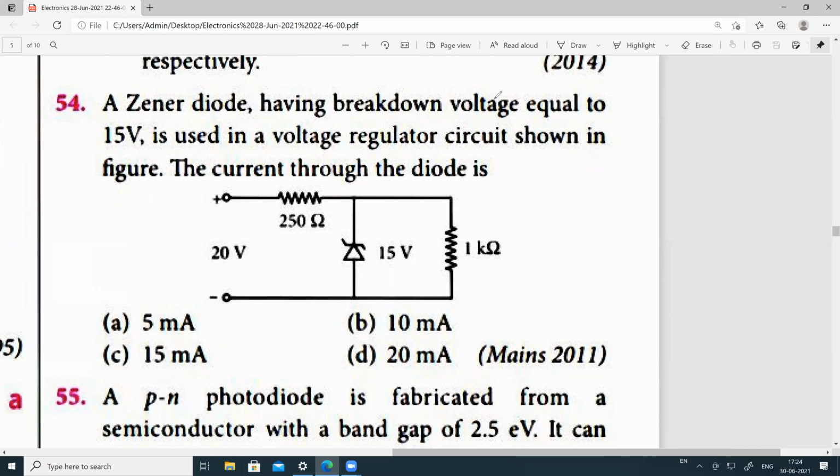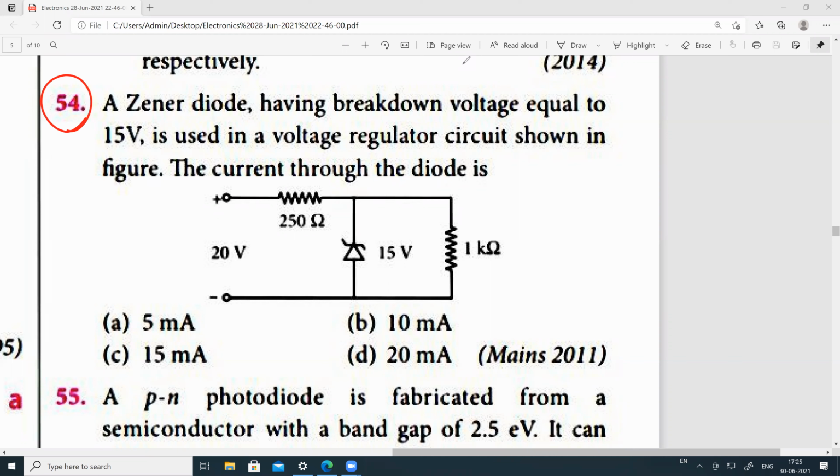Fifty-fourth one. A Zener diode having breakdown voltage equal to 15 volt is used in a voltage regulator circuit. Current through the diode is: 5 milliampere, 15 milliampere, 10 milliampere, or 20 milliampere.